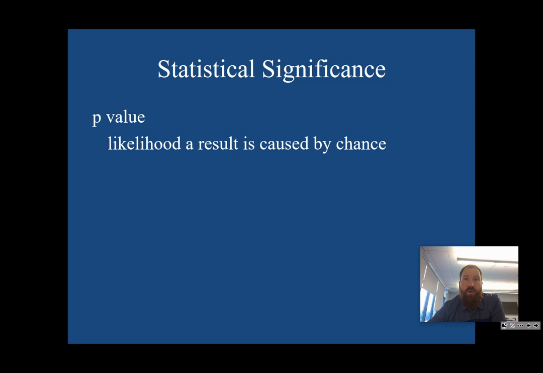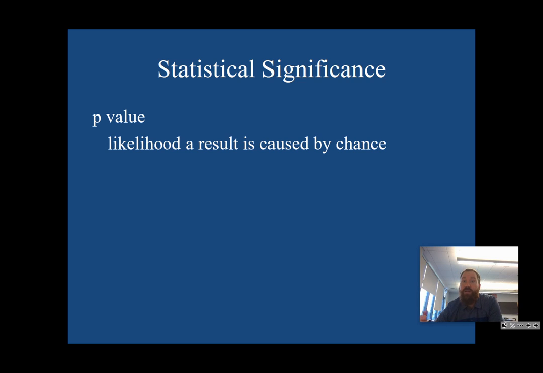So let's say that we were running that cookie experiment, and we went through the process, and we got that 95 to 93 result. What's the likelihood that the difference between the two, the 95 to the 93, is caused by chance? Because no matter what we do, there's still a likelihood that it's caused by chance.